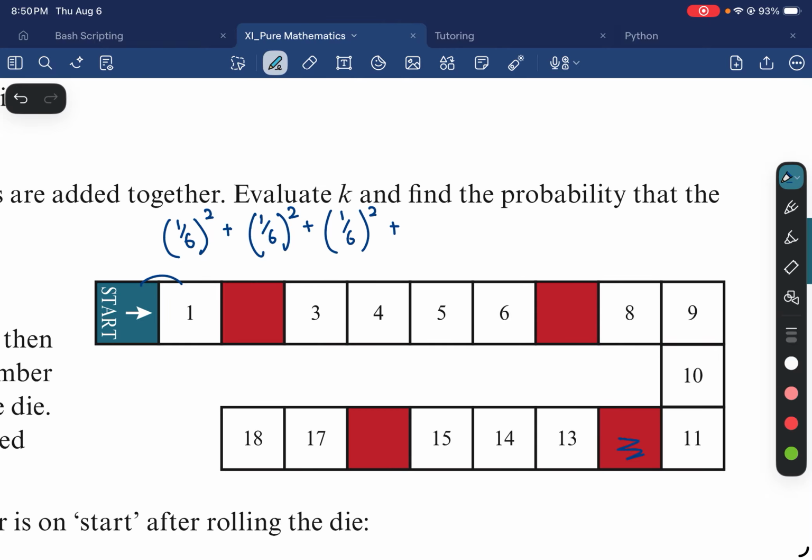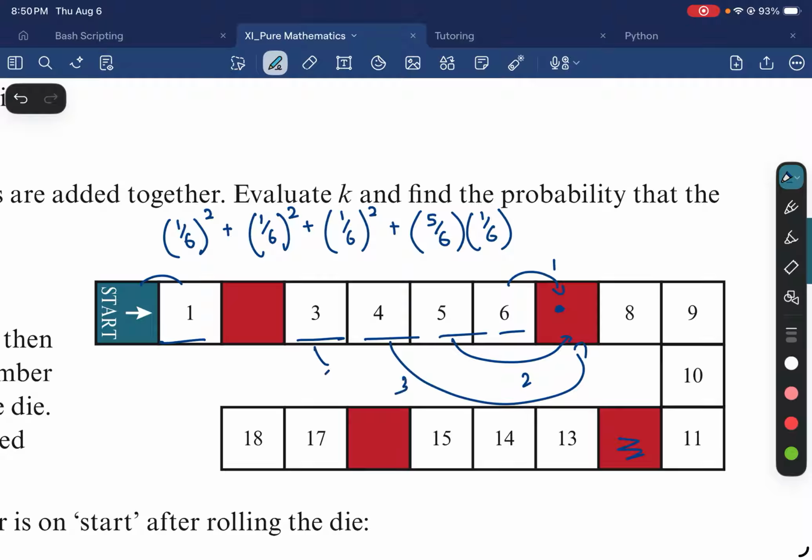And then I am safe on my first roll. And then I roll a number that takes me to this red square, right? So if I get 6 on my first roll, I need to roll a 1, I need to roll a 2, I need to roll a 3, I need to roll a 4 for this one, and I need to roll a 5 for this one, right? So basically, for every safe number I have rolled, there is one number that will take me to the second red square.